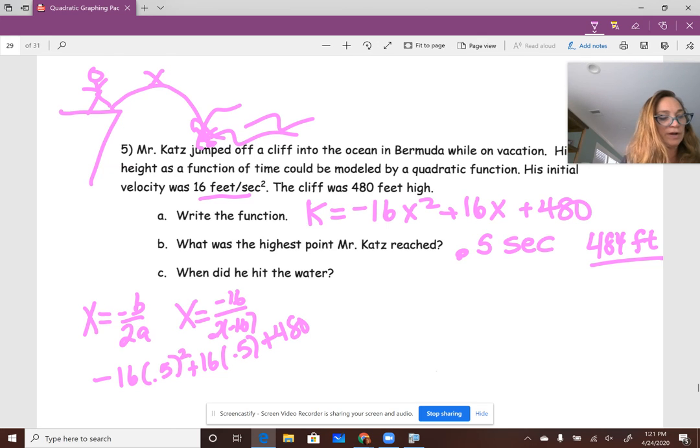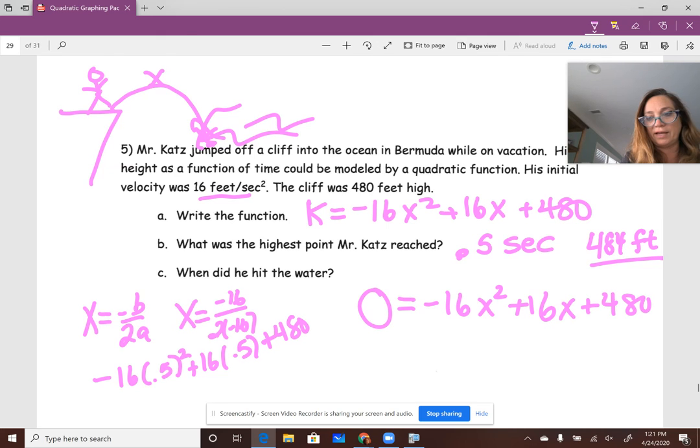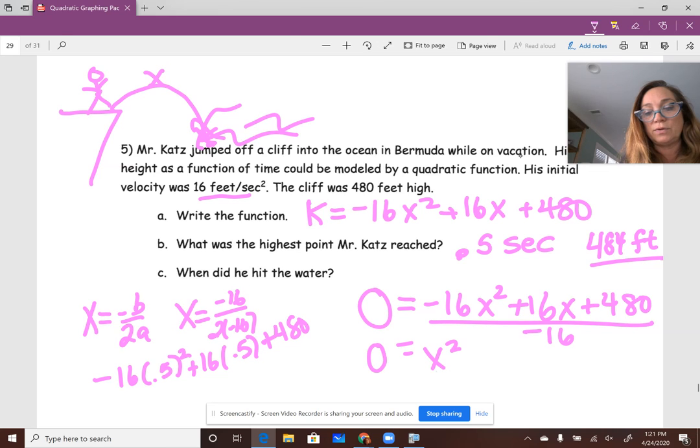When did he hit the water? The water is 0. So again, we set it equal to 0 and we solve. And now you'll see why I chose 480. All this can be divided by negative 16, which makes it much easier to work with. So 0 equals x squared minus x minus 30.